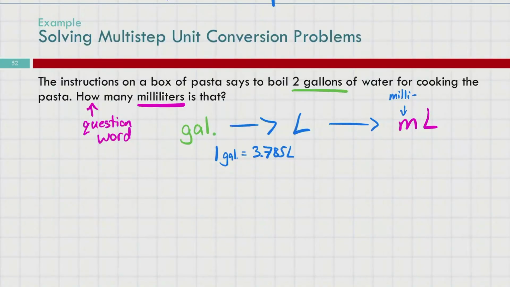It doesn't say exactly after it, so this is not an exact conversion factor, so this is going to have 4 sig figs because of the 3.785. A lot of times if things aren't whole numbers, if they've got a decimal part, they're not an exact conversion.